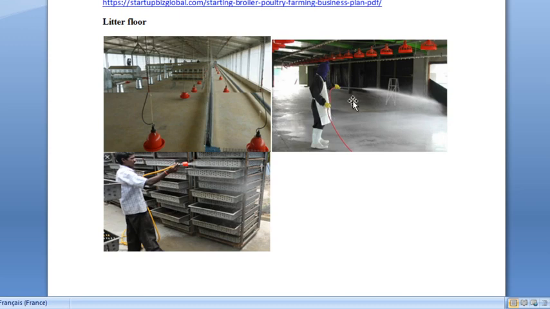You see the gloves, and it's just spreading inside, whereas here you have another worker who is being exposed, so he's taking care of the equipment and not taking care of himself. So these are two opposite examples of what must be done and what should not be done.